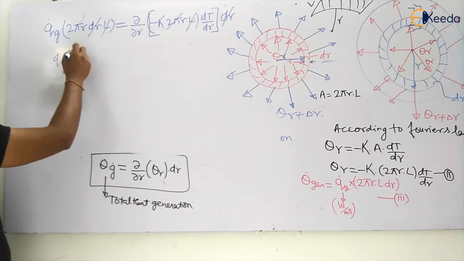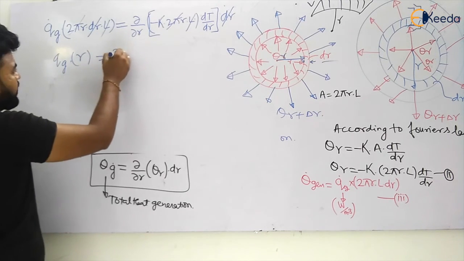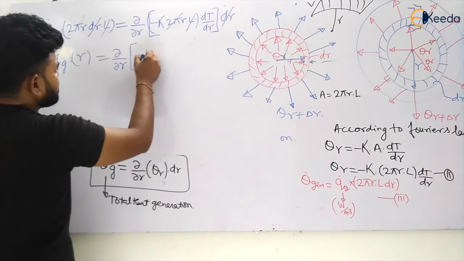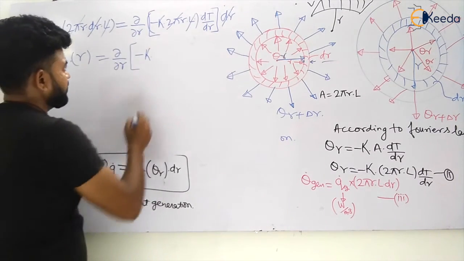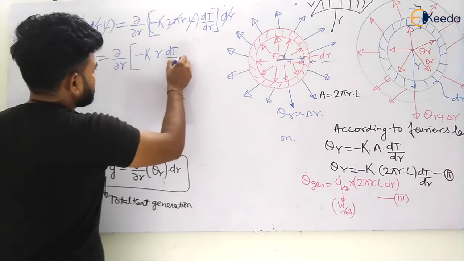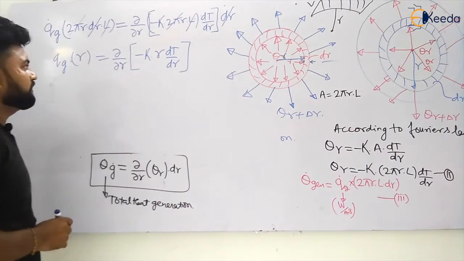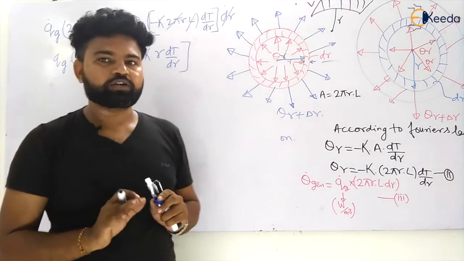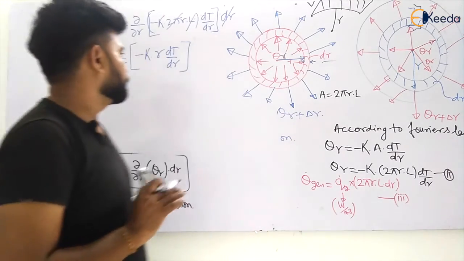Qg into R is equal to del by del R of minus K multiplied by R and dt by dr. So can I take R outside? No, I cannot take that R outside. So let us do what we can do.